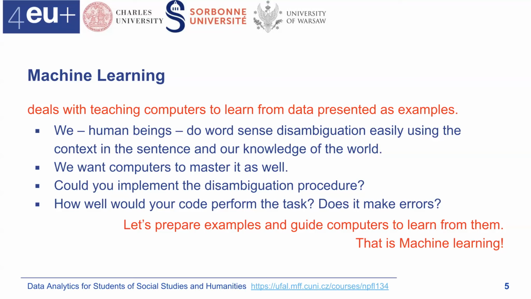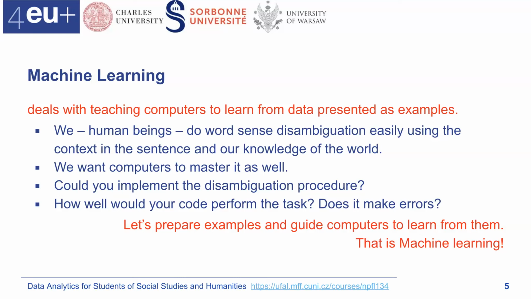Based on the answers that you provided to the questions I posed minutes ago, would you be able to implement the disambiguation procedure? In other words, write a rule-based procedure to pair word occurrences with correct senses.